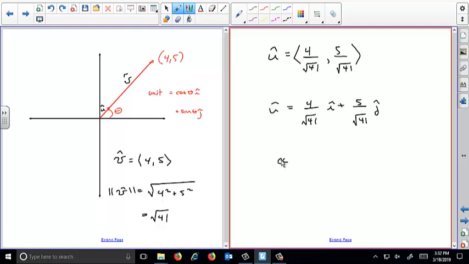And the cosine of theta is 4 divided by the square root of 41. You're like, when are you going to multiply and divide by the square root of 41? Well, I'm going to do it now just because I just thought of it now. And the sine of theta is going to be 5 divided by the square root of 41, or 5 times the square root of 41 over 41.